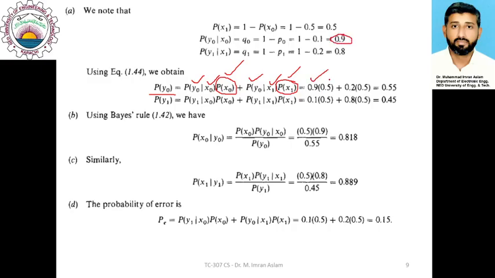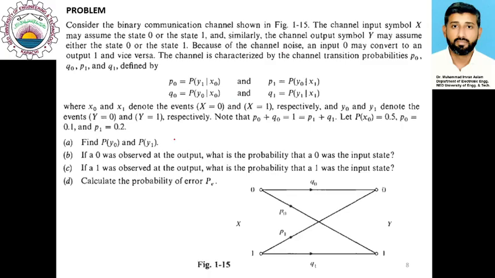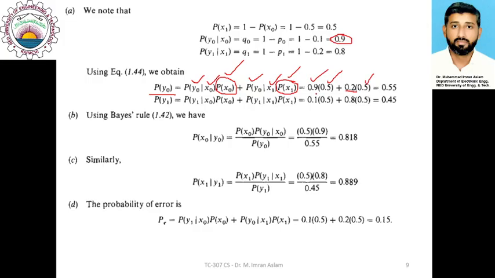Probability of x0 is 0.5. Probability of x1 is 0.5. Whereas the probability of y0 given x1, which is represented as P1 here, is 0.2. If you multiply and simplify, you will see that this comes out to be 0.55.